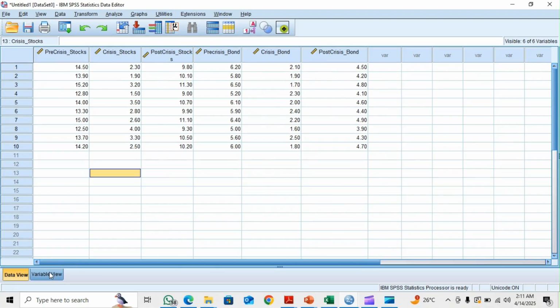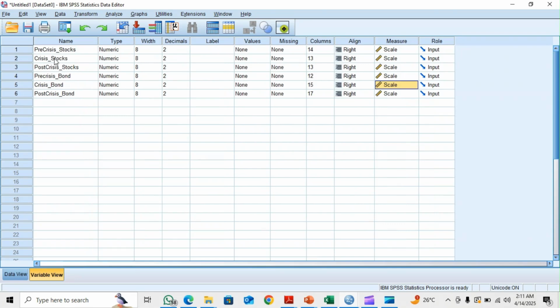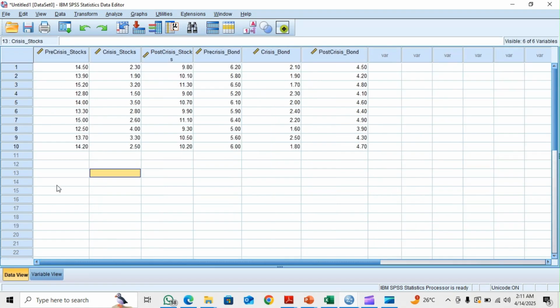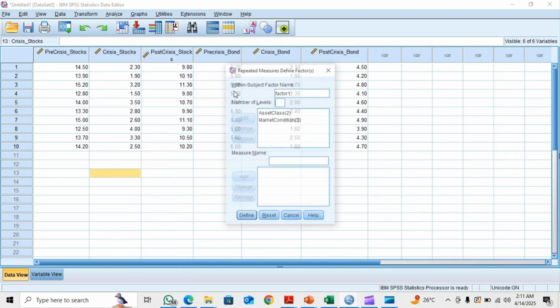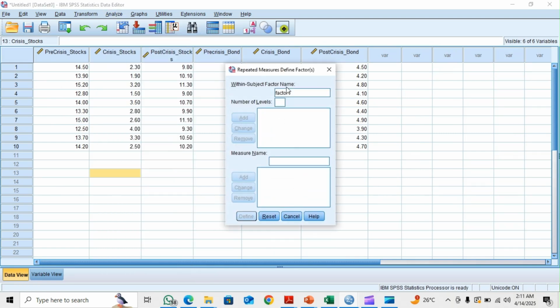As you can see, our variables are arranged in this way. We have 6 repetitions, and our data is also arranged this way. To analyze this data, I'm going to go to Analyze, Repeated Measures ANOVA.